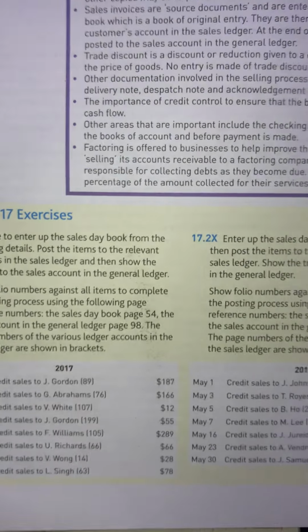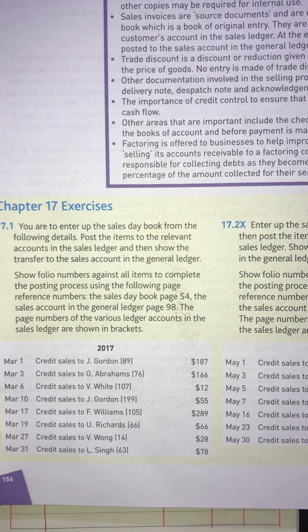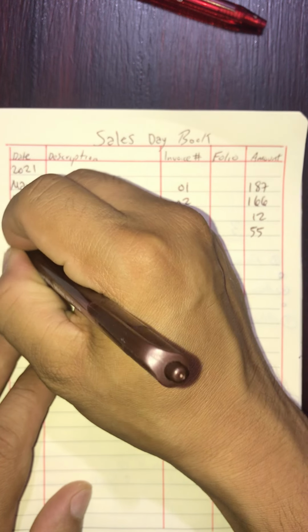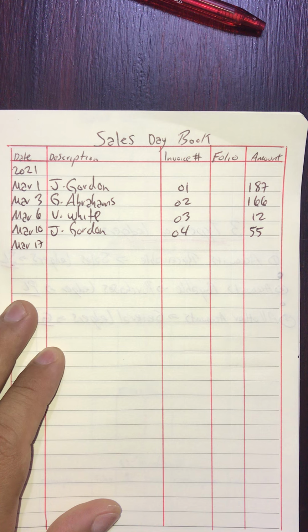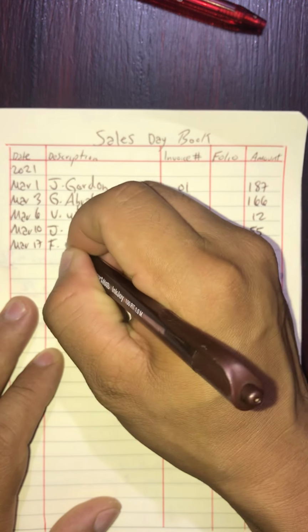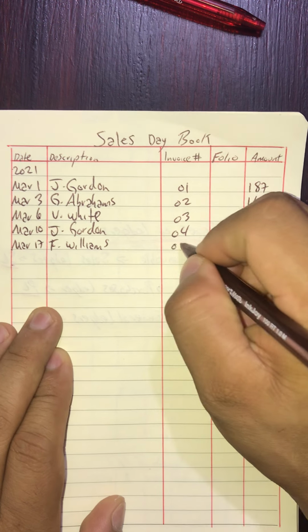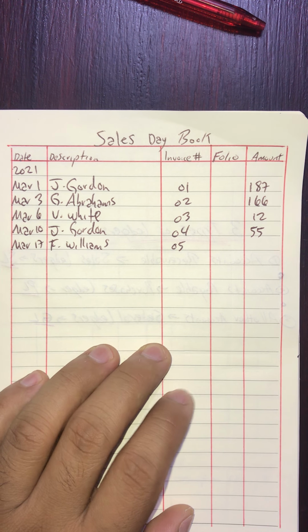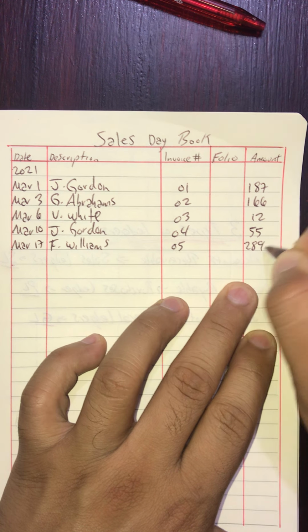The following transaction, March 17th, credit sales to F. Williams, $289. March 17th, to whom did we sell? F. Williams. Invoice number 05. Amount $289.